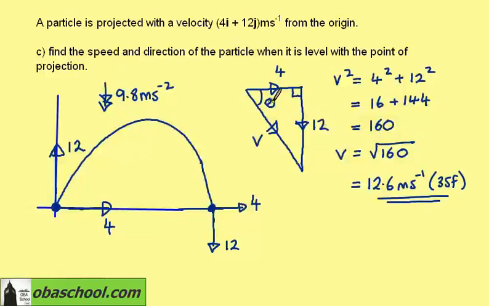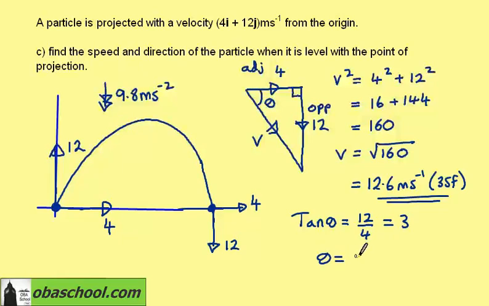Consider now theta. This is the opposite, and this is the adjacent, so we're going to use the tangent. The tangent of the angle theta is equal to 12 divided by 4, which is 3.